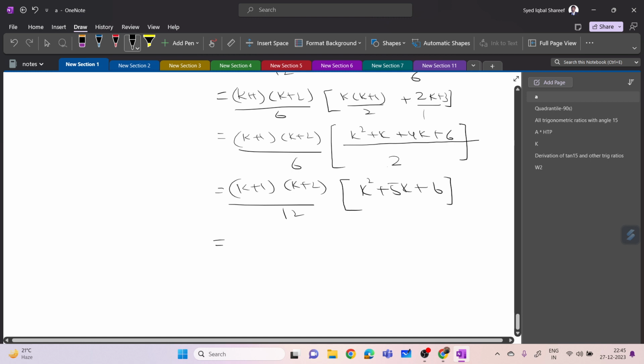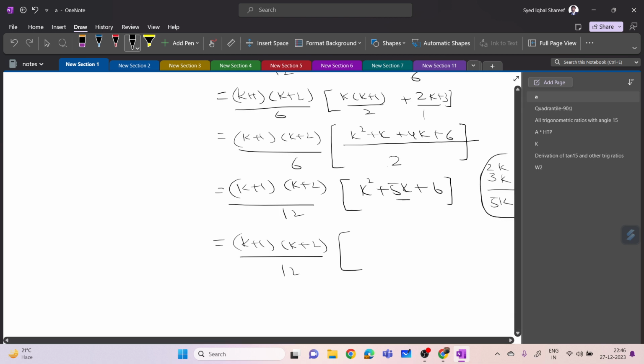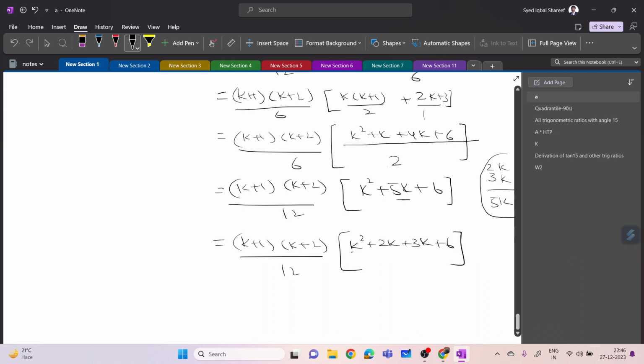Now k plus 1, k plus 2. If you take the factor of 6, it is 2 and 3. So k square plus 2k plus 3k plus 6. This one pair, here taking k common, here taking 3 common. So k plus 1, k plus 2 by 12.